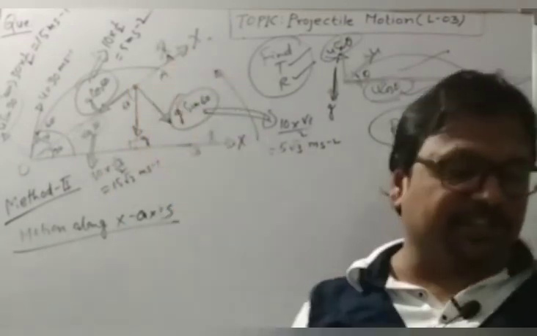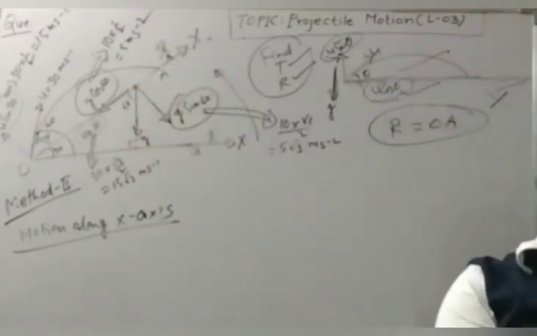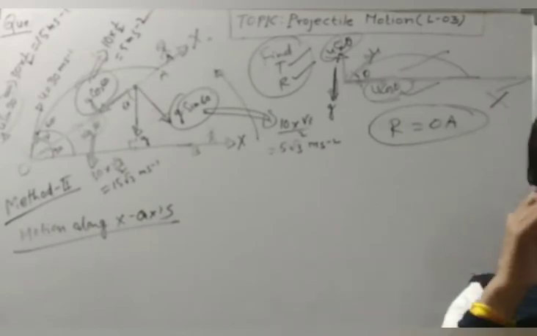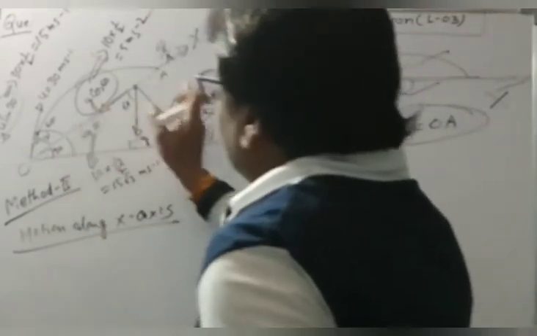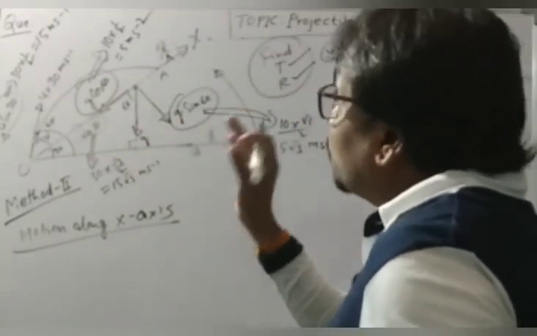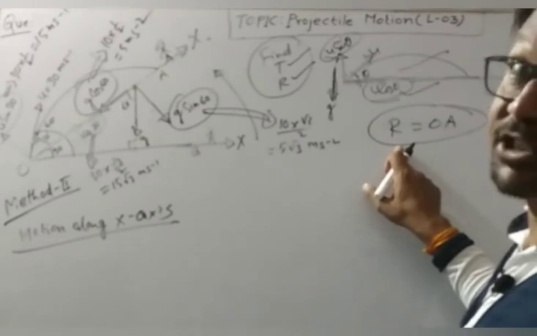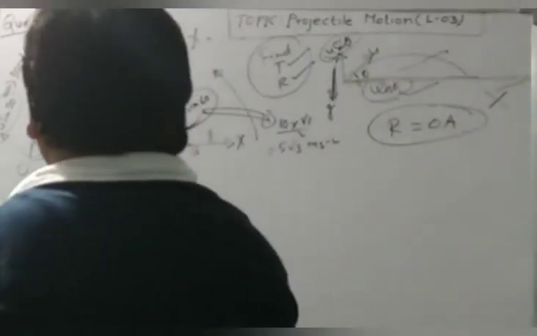Basically, this is retardation. So what variables do you know for motion along the x-axis? OA is basically R. This R may be considered as distance or displacement. So you know S here. You know initial velocity also. What is this? This is 15 root 3, that is u, which is known. And you know acceleration also.